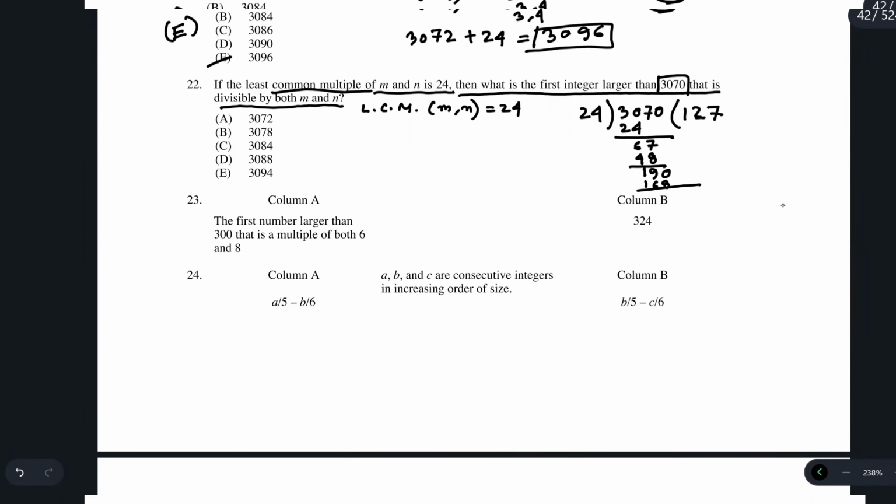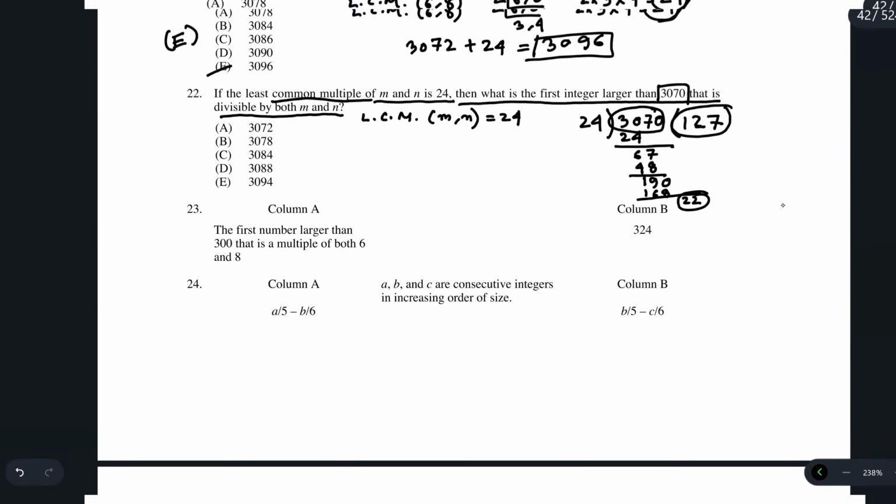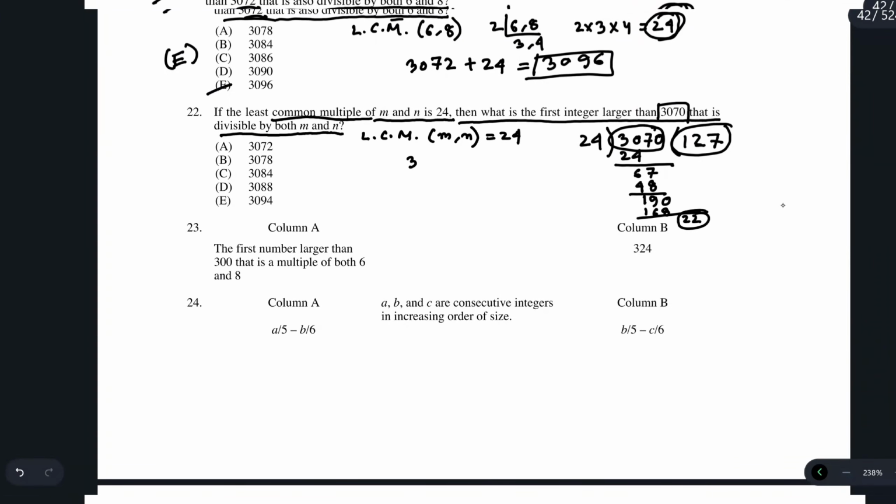So we'll have a remainder of 22. So we know that if we divide 3070 by 24, we get a result of 127 with a remainder of 22. So the number that is 22 less than 3070 should be divisible by 24.